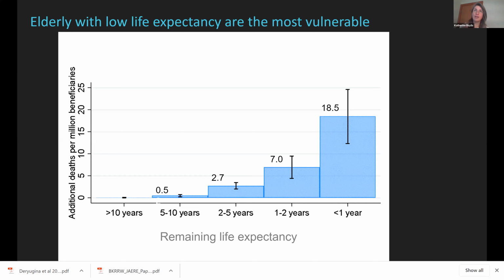It's maybe not a surprise, but I think that's why doing a better control of the life expectancy might actually be reducing those estimates a fair bit, because it turns out it's the folks that didn't have that much life expectancy that have the bigger increase in probability of death from air pollution.